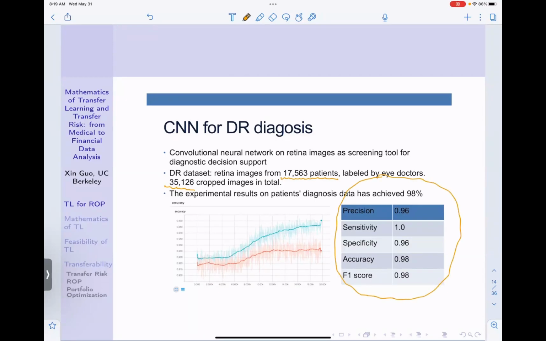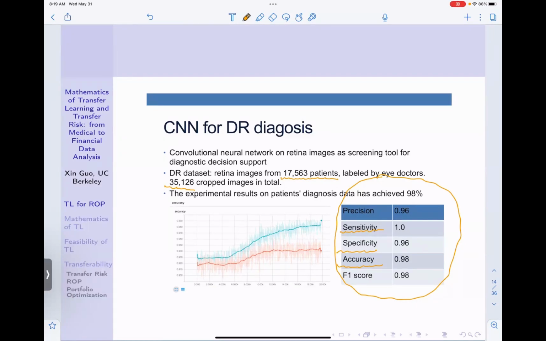And I want to say, just for those who are not familiar with certain criteria like sensitivity: sensitivity means if you have the disease, I will catch it 100%. And specificity is if you're healthy, then I should be able to identify the healthy one. And accuracy is basically the total number of correct diagnoses over the total population.